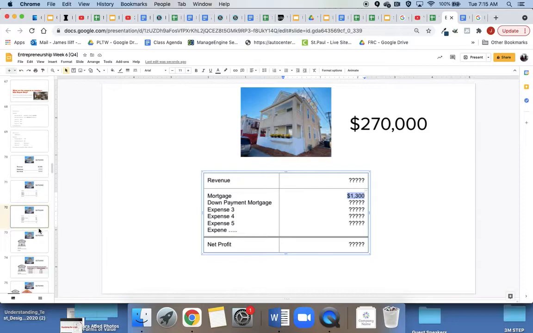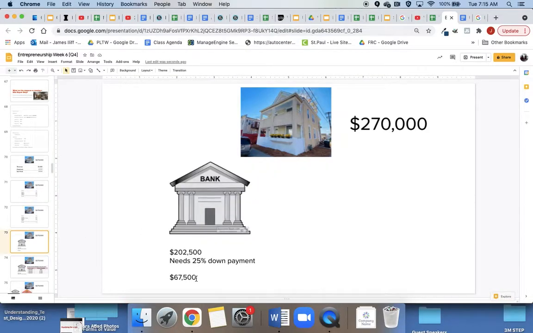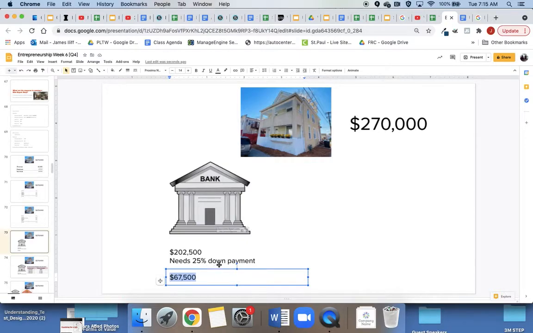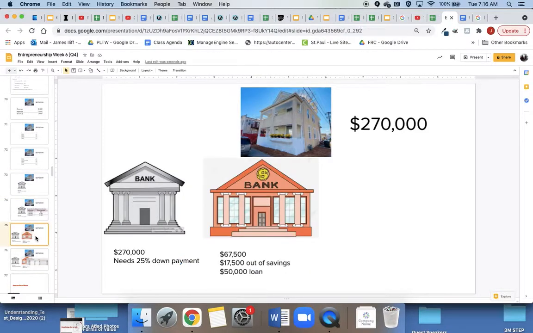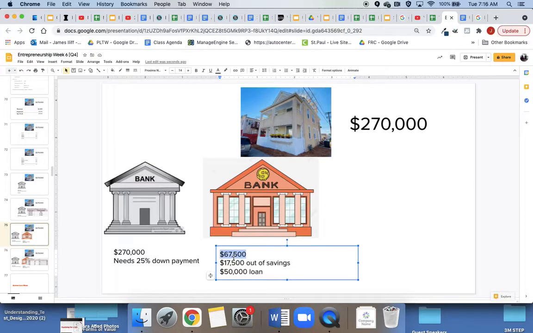Okay, well, hey, we said that you got to come up with $67,000 for this 25% down payment. Where are you going to come up with that money? So let's imagine you do not have this $67,000 in your pocket or in your bank.